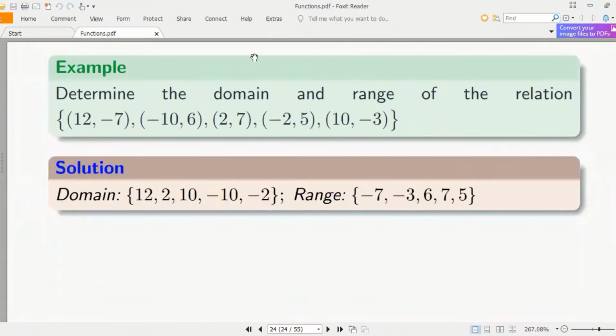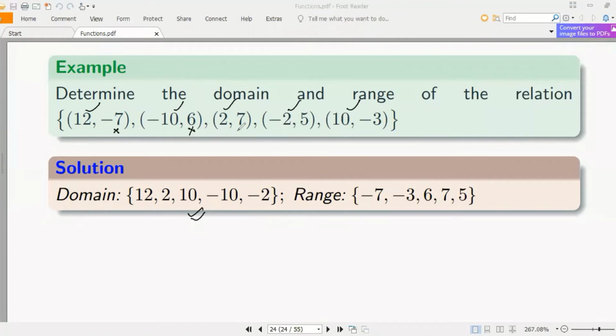Look at this other example here. Determine the domain and the range. And we did this earlier. And we said that the domain are the x values. The set of the x values is the domain. And you can see that is what I have here. And it must be in those brackets because it's a set. What about the range? The range will be the set of the y values.